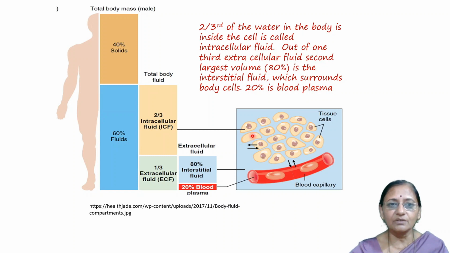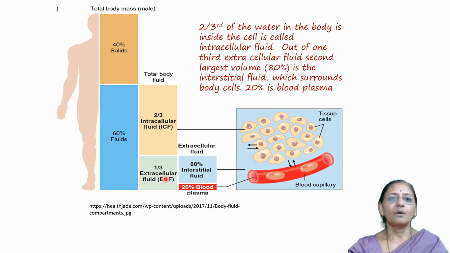Intracellular is the fluid inside the cell, and interstitial fluid is outside the cell. It is called interstitial because it is in between the cells. The space between the cells is called interstitial space, and the space is filled with fluid called interstitial fluid. Here one-third is the extracellular fluid, two-thirds is the intracellular fluid.